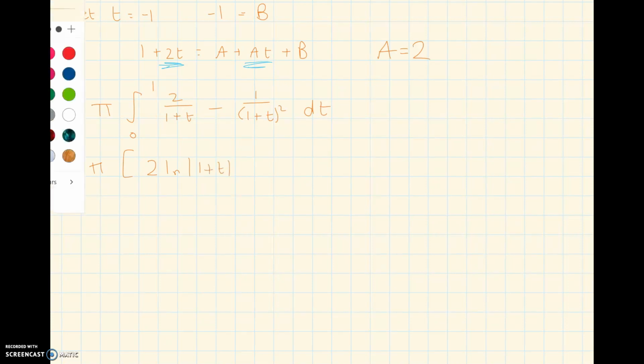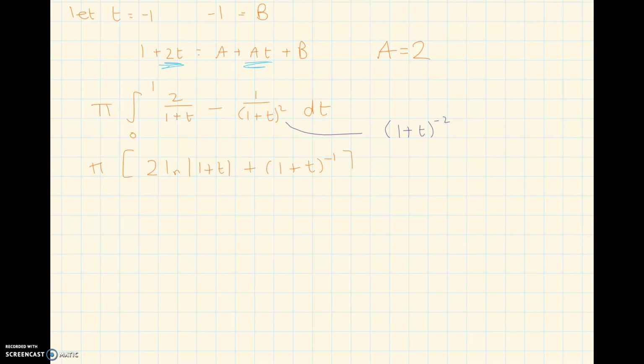But the other side of this, remember that's the same as 1 plus t to the power of minus 2. So if we're integrating, we add 1 to the power, divide by the new power, that becomes 1 plus t to the power of minus 1. We divide by the new power, so we're going to get plus 1 plus t to the power of minus 1, between 0 and 1.